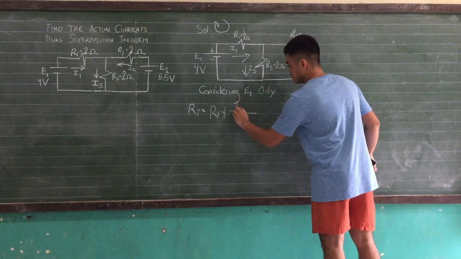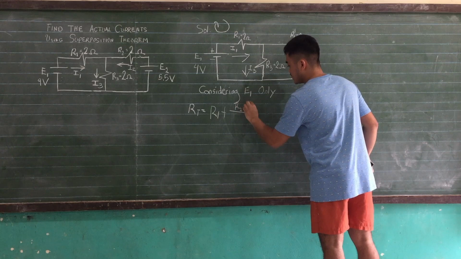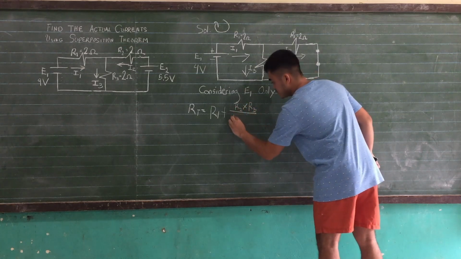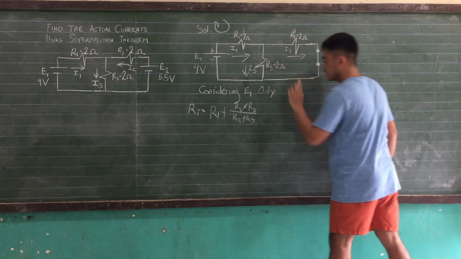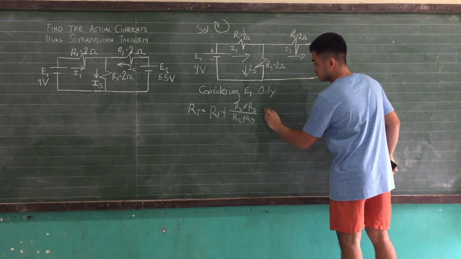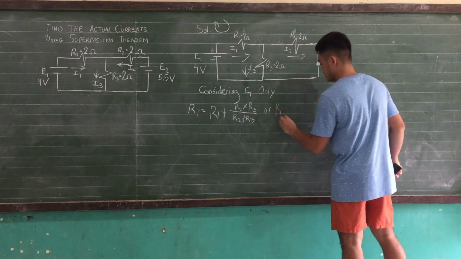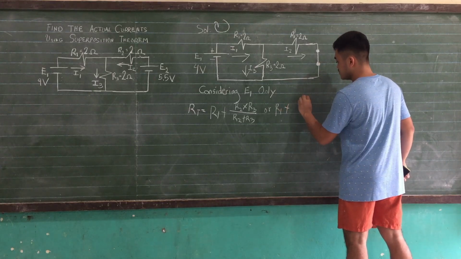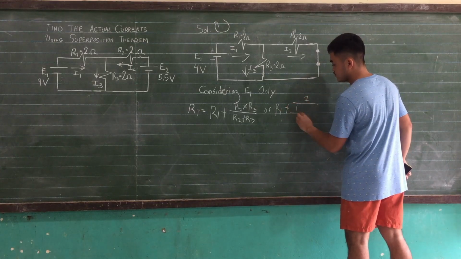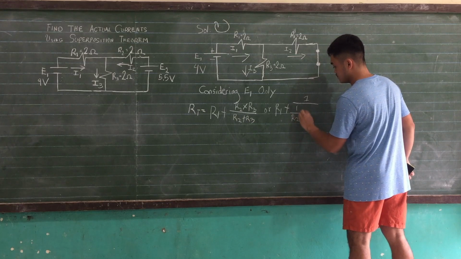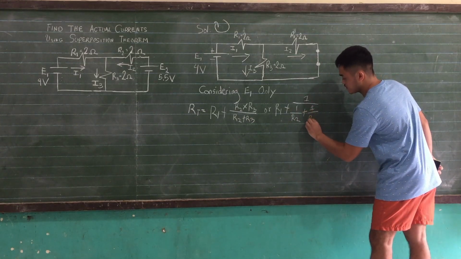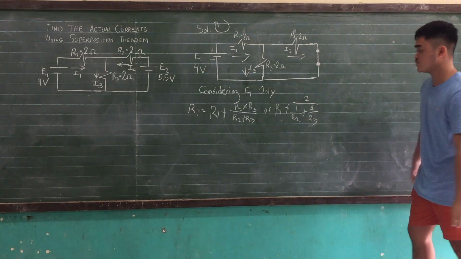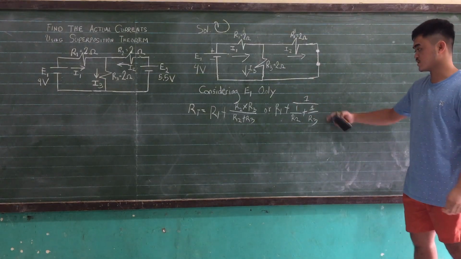So R2 times R3 over the sum R2 plus R3. Okay naman, pwede rin naman natin gamitin yung R1 plus 1 over R2 plus 1 over R3, pareho lang din naman yung kakalabasan ng sagot.